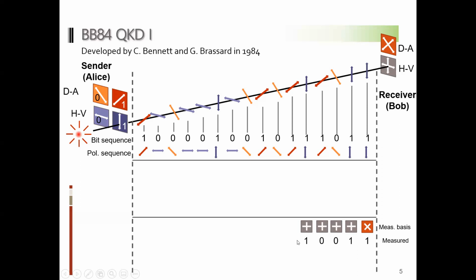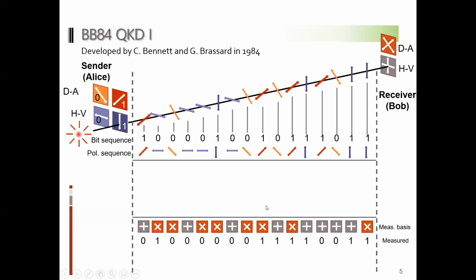And on the next one, Bob also matches the basis again, and in this case, one should be measured. And we keep doing like this. Bob will measure some value, and if the bases are matched between Bob and Alice, then you will get the correct value. And when the bases didn't match, then you will get some random number.